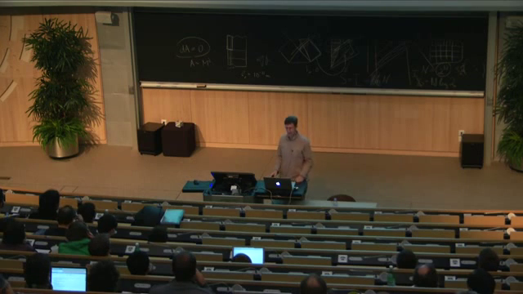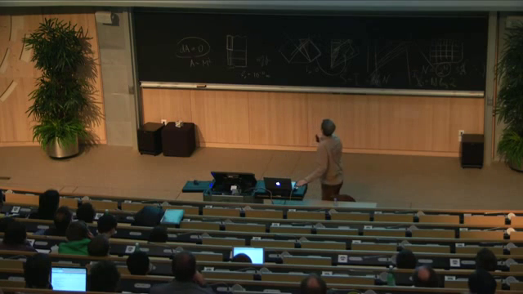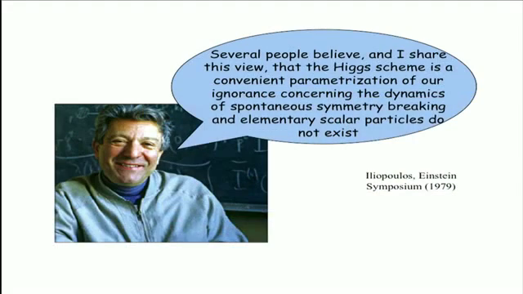Because, for instance, Iliopoulos, in the Einstein Symposium of 97, writes, several people believe, and I share this view, that the Higgs scheme is a convenient parameterization of our ignorance concerning the dynamics of spontaneous symmetry breaking, and elementary scalar particles do not exist.